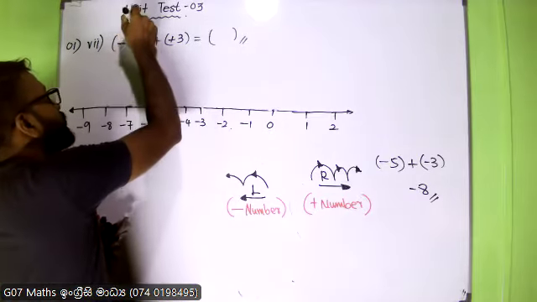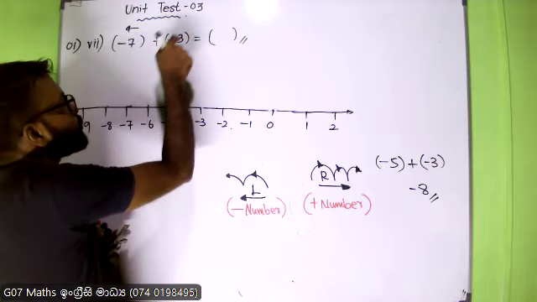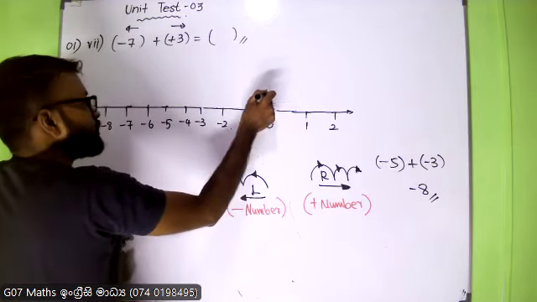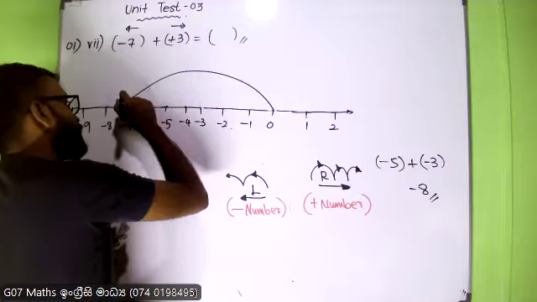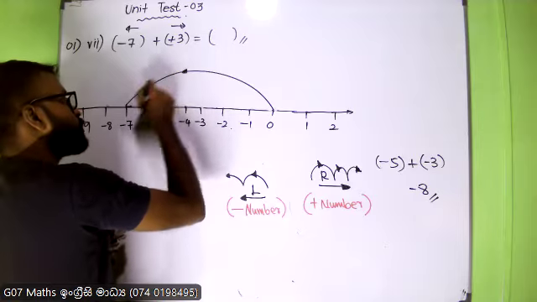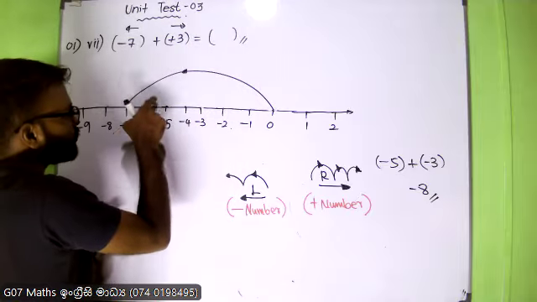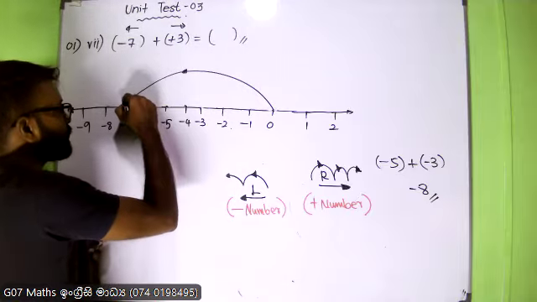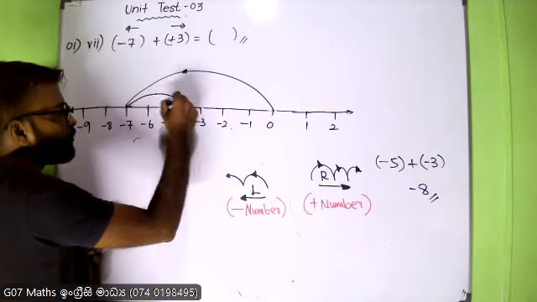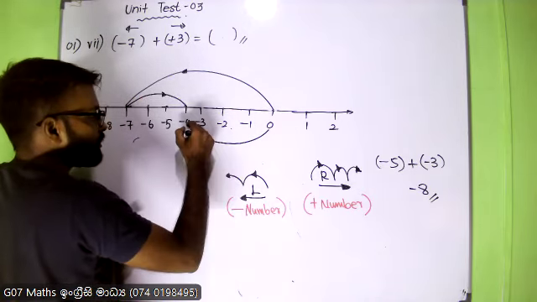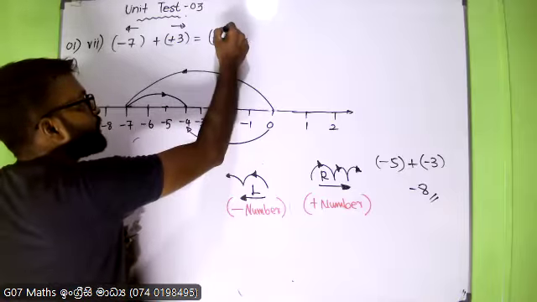Negative to the left, and positive 3 to the right. First of all, you have to jump to negative 7. Then 3 times to your right. 1, 2, 3. To negative 4, you have to go. Your final answer is this. So your answer should be negative 4.